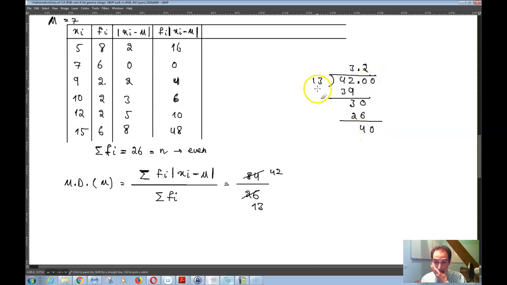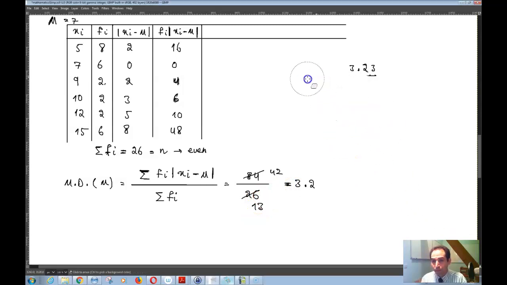And then 3 times 13 is 39, with a remainder, and you just keep getting different remainders. So it's 3.2, for example. So for question number 7, the answer is 3.23, for example. You can take that as 3.23 as in the book, and we got the same answer.